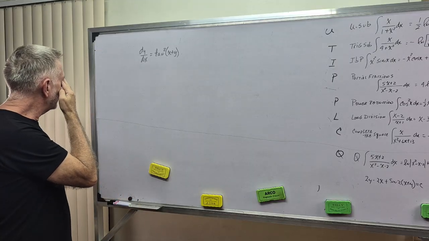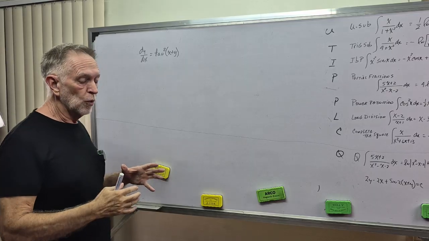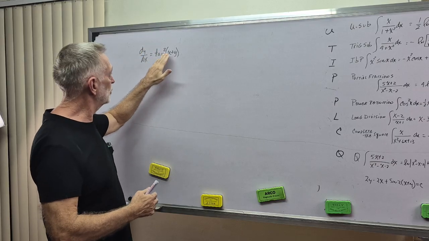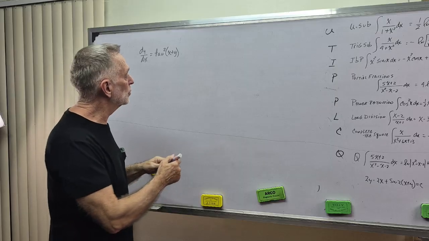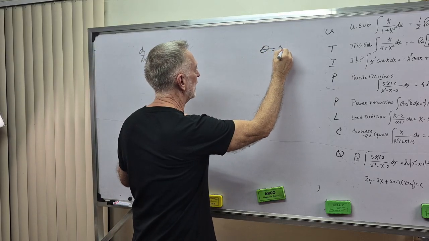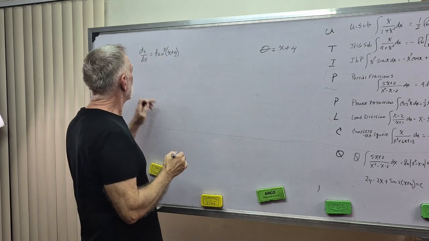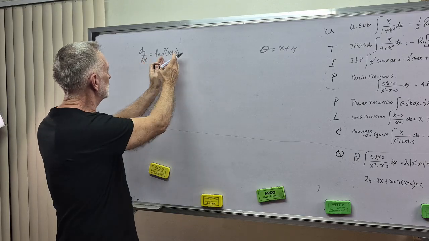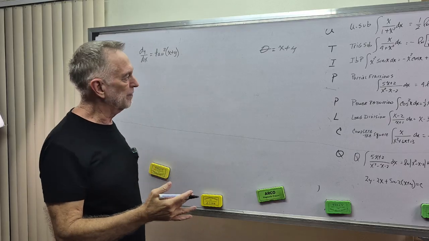All right, so we have the equation dy dx equals tangent squared x plus y. When you have a trig function, in this case tangent squared, it's tangent of an angle. So I'm going to let theta equal x plus y. Now my goal here, since I have a theta, is to get dy dx as a function of theta.